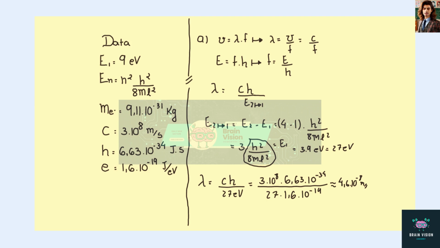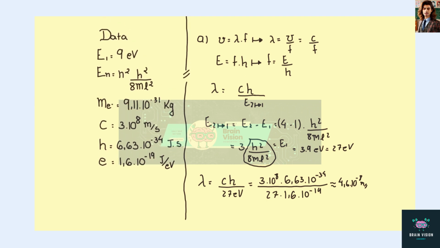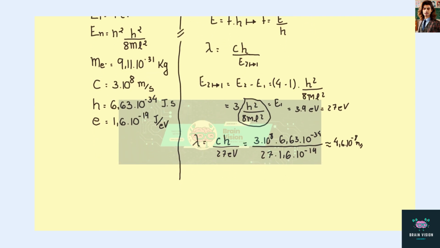Now, in the second item, we have to calculate what is the width of that well. So in order to do so, we use this equation, which is the equation for En, and solve this equation for L. By doing so, we get the following: En is equal to n squared h squared divided by 8mL squared.